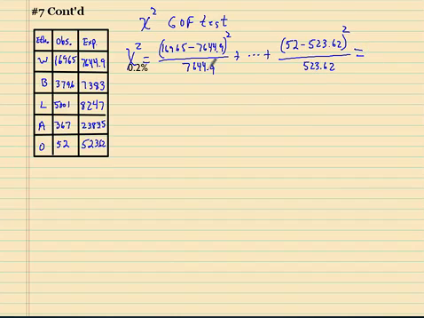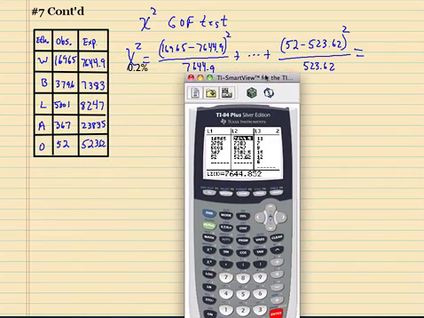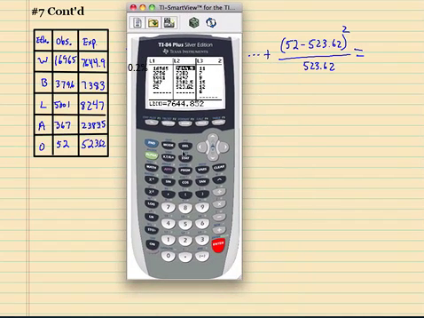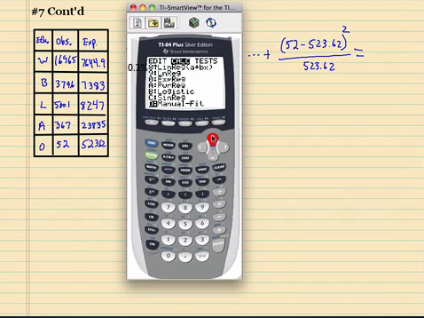Okay, so now that I have that, I'm going to pull my calculator over. I have all my observed in L1. I have my expected in L2. So the same thing that we did before. Let's go ahead and stat over here. Okay, over to test. Up to goodness of fit.